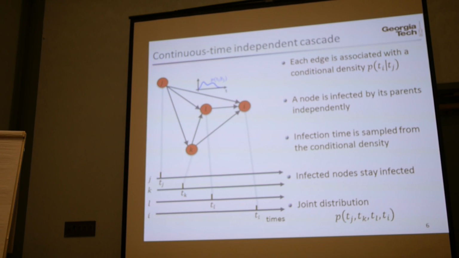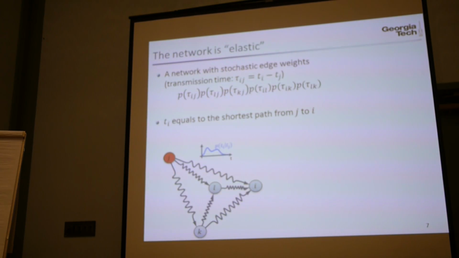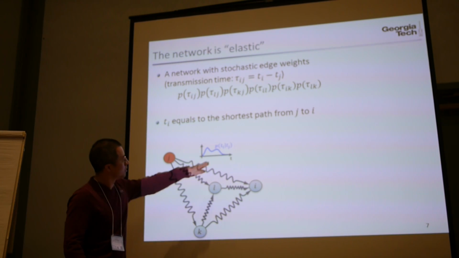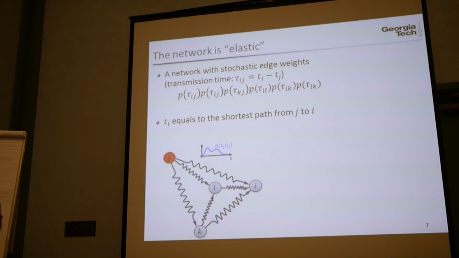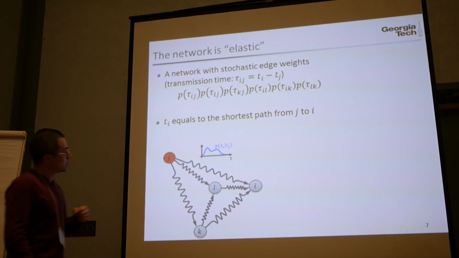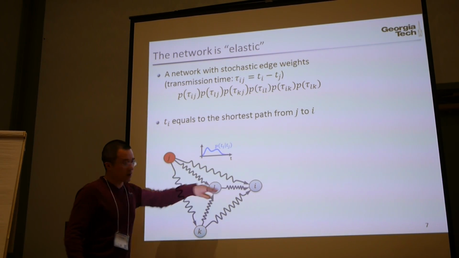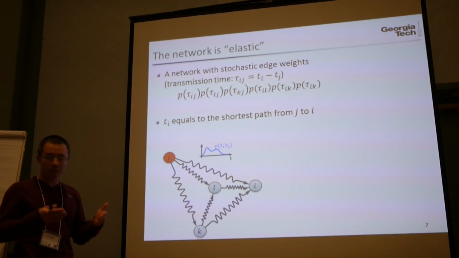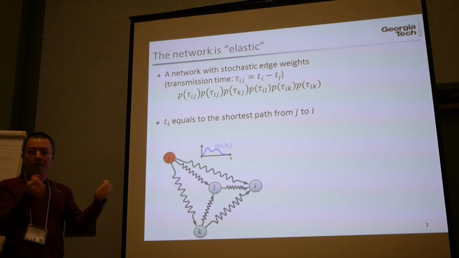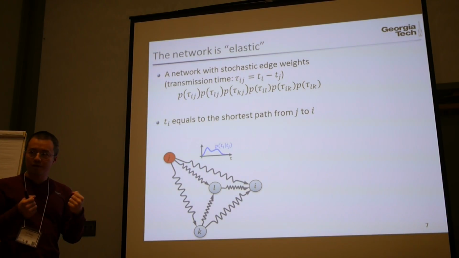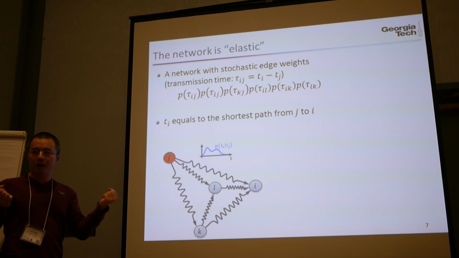So an alternative way to view this diffusion model is something like this. Essentially, the conditional density is associated with each edge. You can sample a time for each one of the edges, and every time you sample, it's like a network with a fixed number of nodes, but the length of the edge is changing.